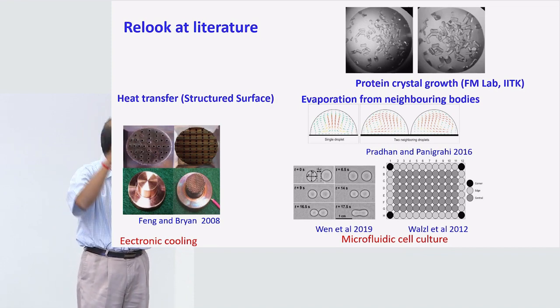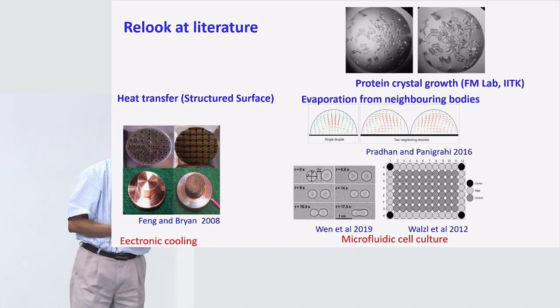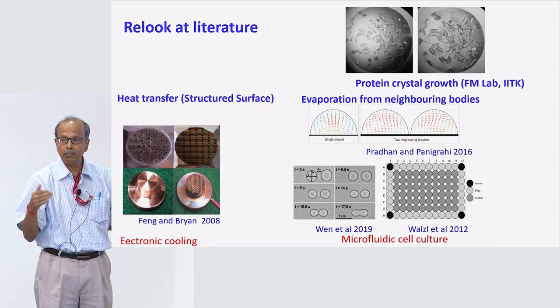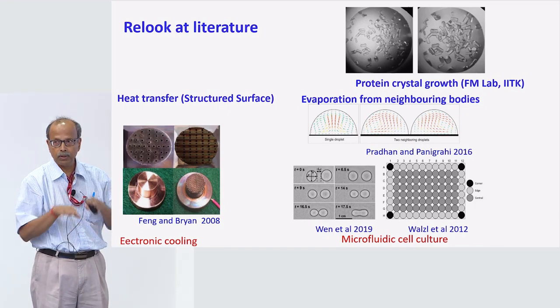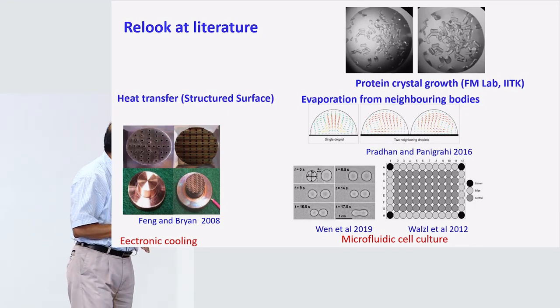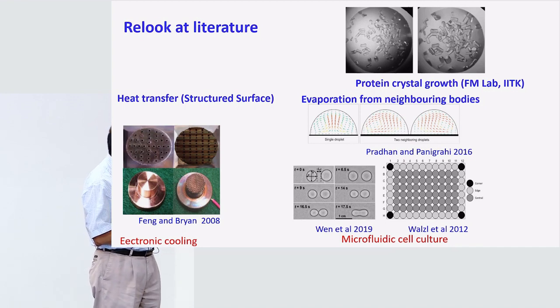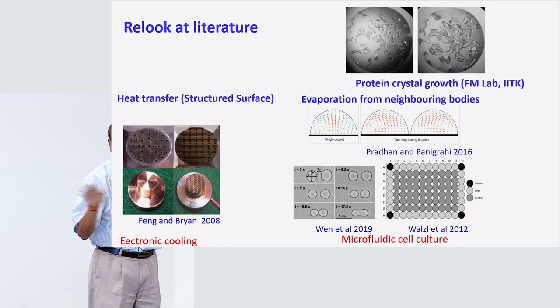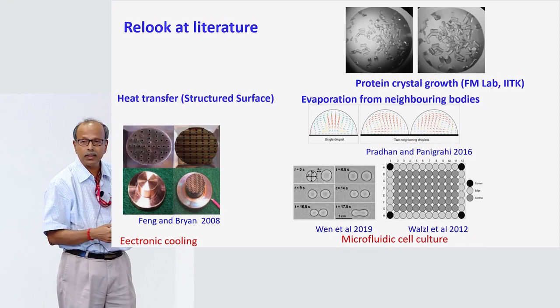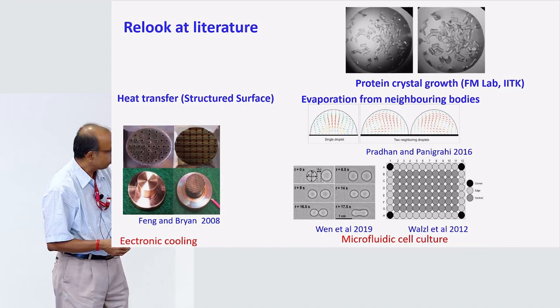Otherwise, if the concentration of the analyte changes over a 24-hour period, then the quality of the drug screening will not be proper. So there should be controlled evaporation among all the wells. What they found out is that the evaporation from all the wells is not the same, and that affects the performance of the microwell. And they had no idea why they could not control it properly.